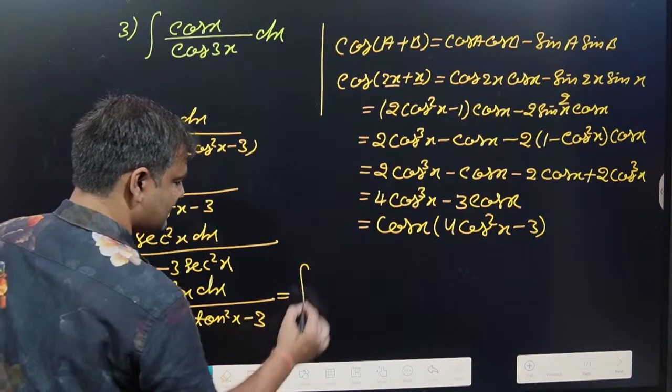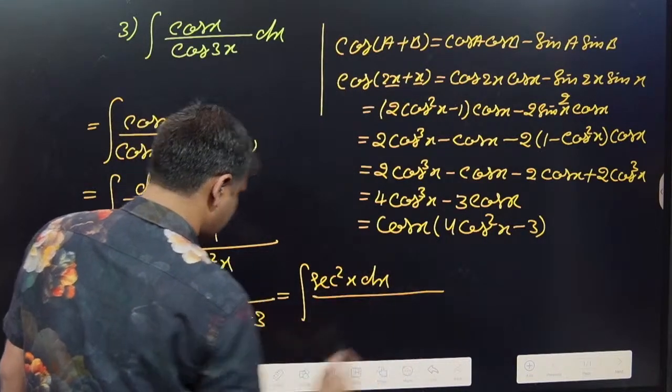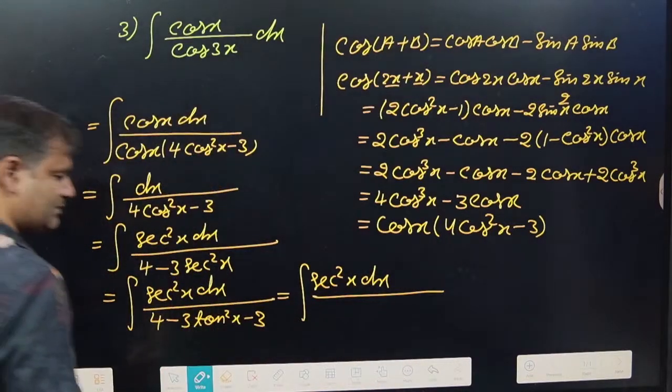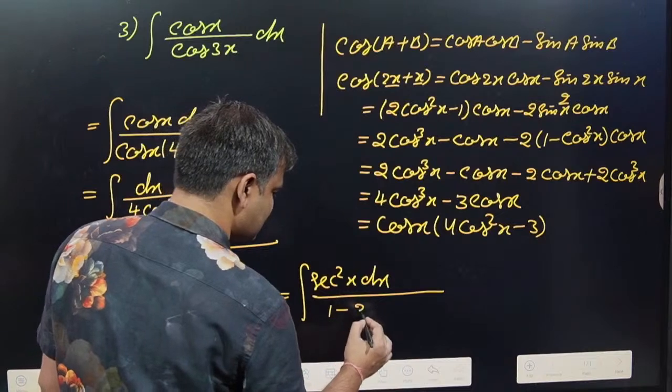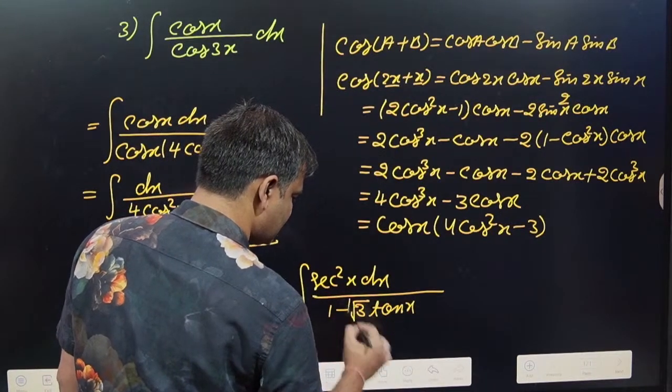Now this becomes sec square x dx divided by 4 minus 3, that is 1, so 1 minus (root 3 into tan x) to the whole square.